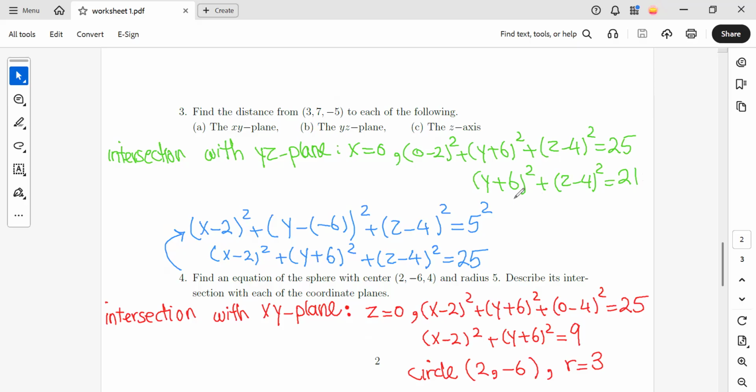So the intersection with the YZ plane would again be a circle with center (-6, 4) and square root of 21 as the radius. Pay attention that this point is on the YZ plane because this is the intersection.